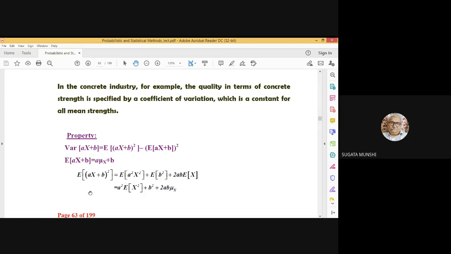Now you have to square this one and subtract it from this mean square value to get the variance of ax plus b. What will that result in?